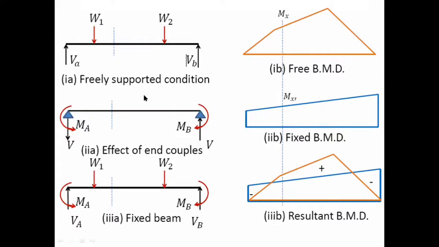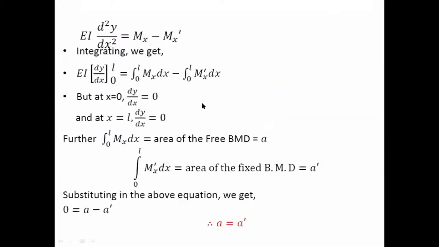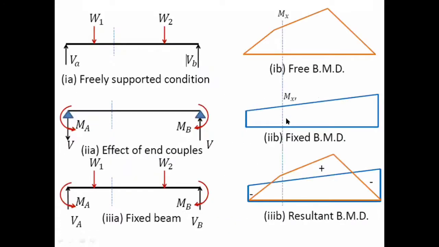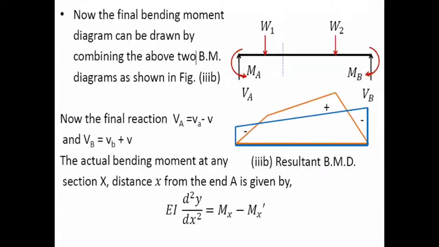Then we removed the external loading and just applied fixed end moments. Because of that, we drew the fixed BMD. Then we superimposed the fixed BMD over the free BMD, and we have found this equation at a section X, which is at a distance X from support A.